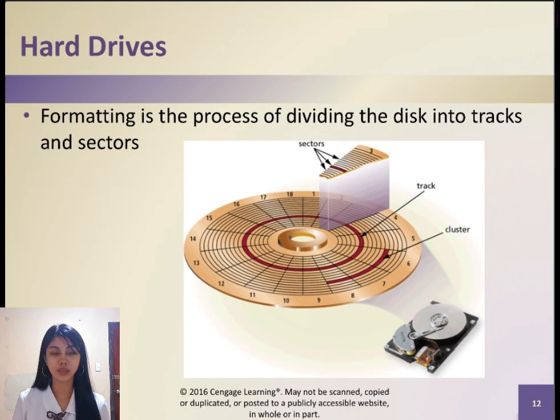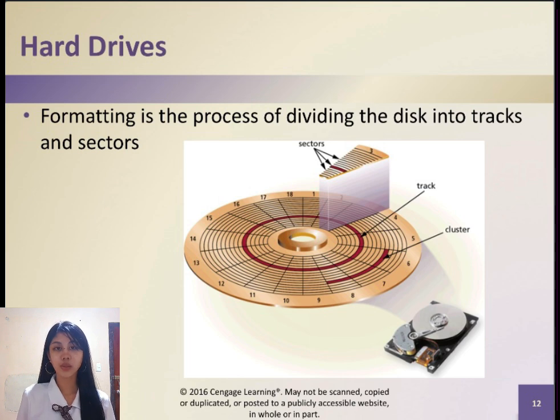Now there's what we call formatting. It is the process of dividing the disk into tracks and sectors. Tracks are the circular paths on the surface of the disk where data is written.